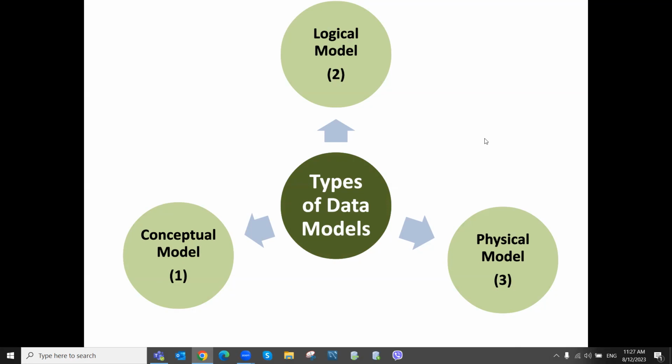Out of these three, you'll find the conceptual model very rarely, because the conceptual model is related to business. When a business analyst is interacting with business users to get their requirements, at that time the conceptual model is prepared. The primary purpose of the conceptual model is to draw diagrams using the entities of the business and how those entities are related.